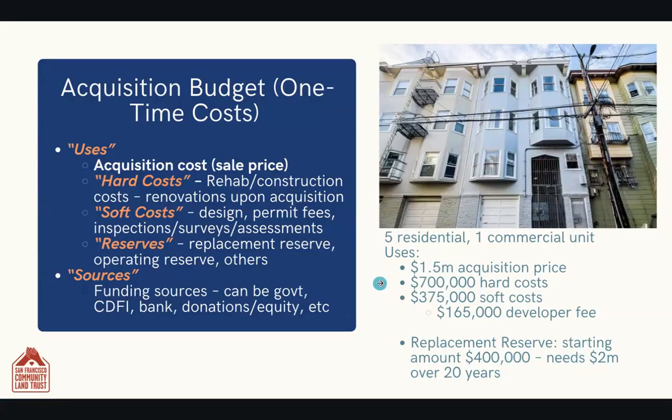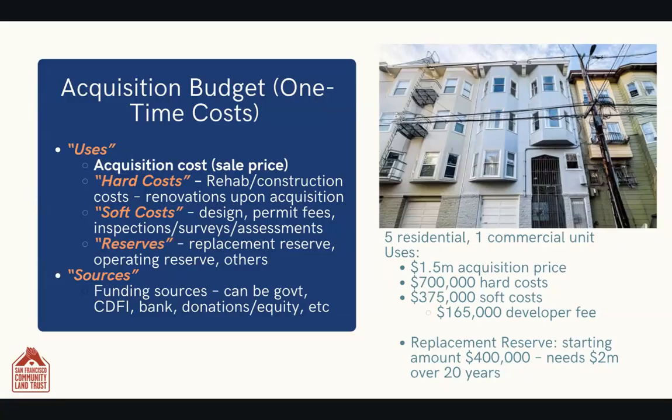Before I go to the spreadsheet, let me just touch on sources, as this is the other half of the sources and uses. This is simply our funding sources. These projects are almost always going to have multiple funding sources, and we need to have these laid out in the pro forma in order to reconcile these things together. So it can be government funding.